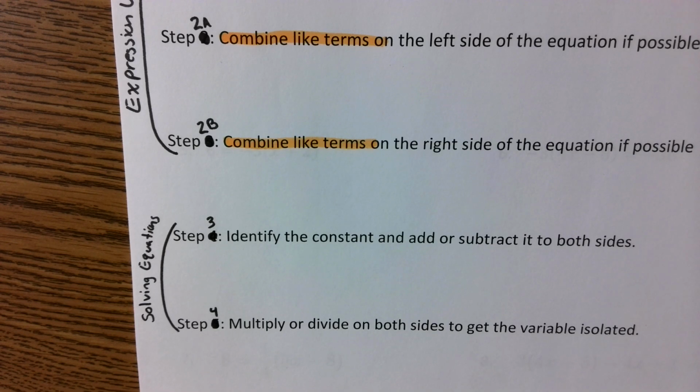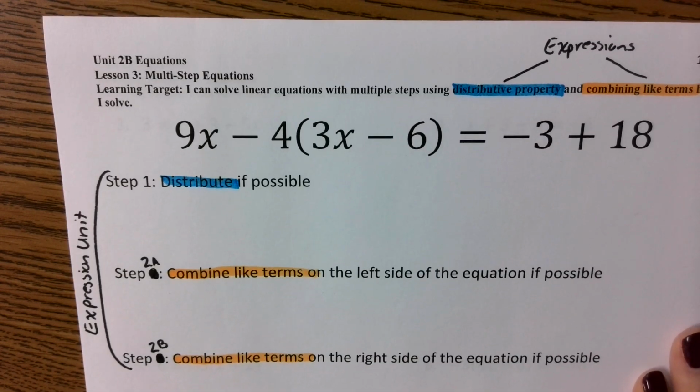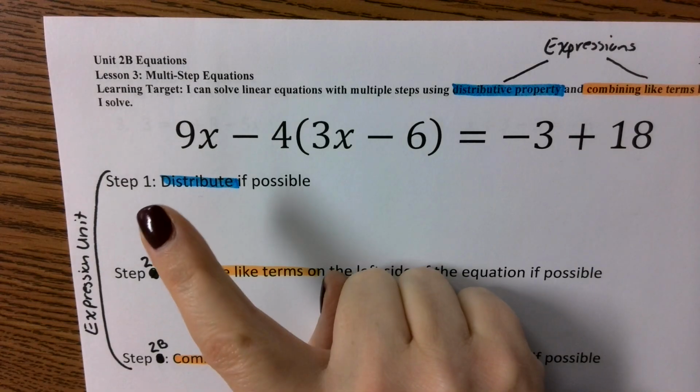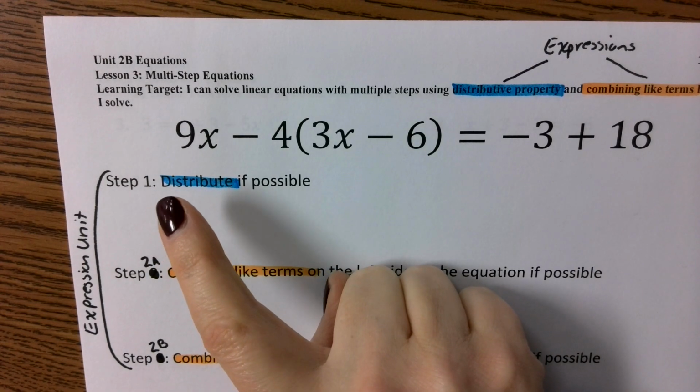Okay, so let's go ahead and take a look at the very first example that's been provided for us. So it's a long one, a long example, and that's perfectly fine. I wanted to make sure that we got enough practice with every single type of process that there could possibly be. So when we're taking a look here, like I said before, we are first going to distribute.